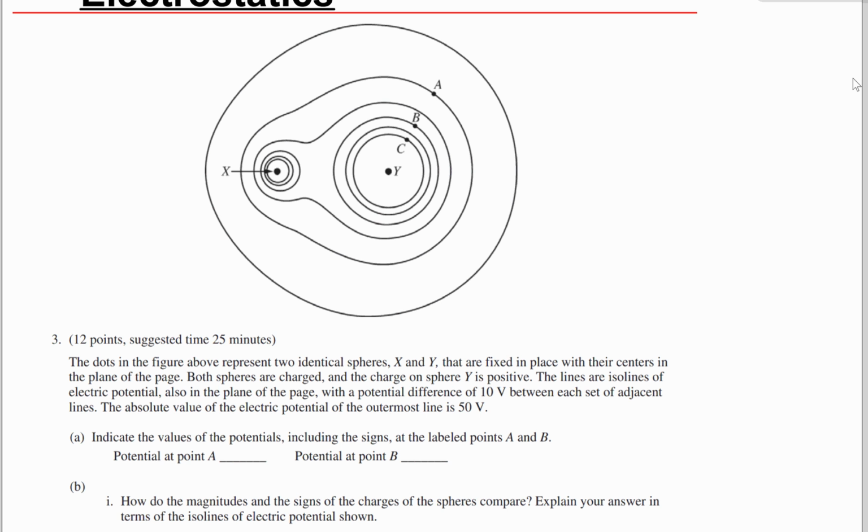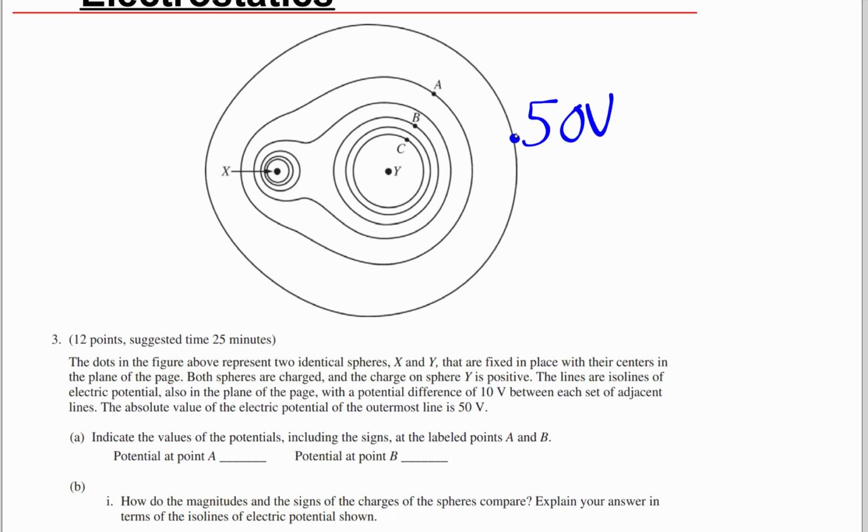All right, some equipotential lines here. The dots in the figure represent two identical spheres X and Y that are fixed in place. Both spheres are charged and Y is positive. The lines are isolines of electric potential. The absolute value of the outermost line is 50 volts. 50 volts is this guy right here.